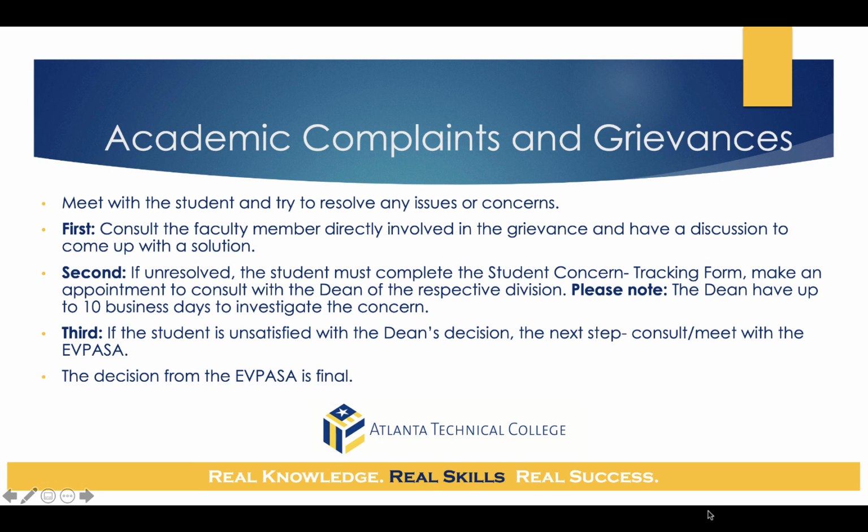The dean has up to 10 business days to investigate the concern. If the student is unsatisfied with the dean's decision, the next step is to consult or meet with the Executive Vice President of Academic and Student Affairs. The decision of the Executive Vice President is final.